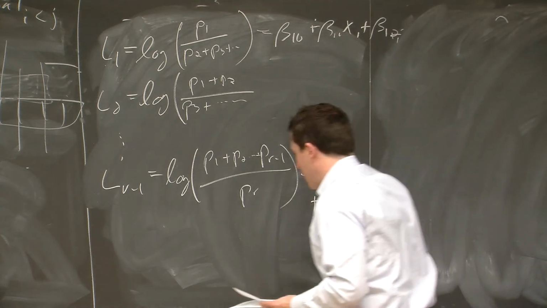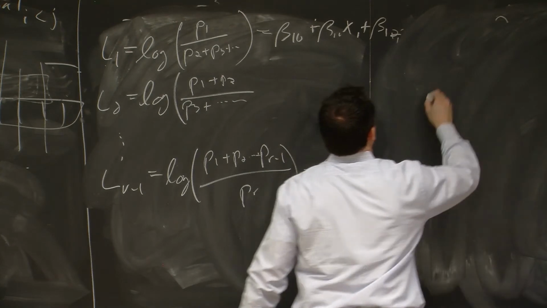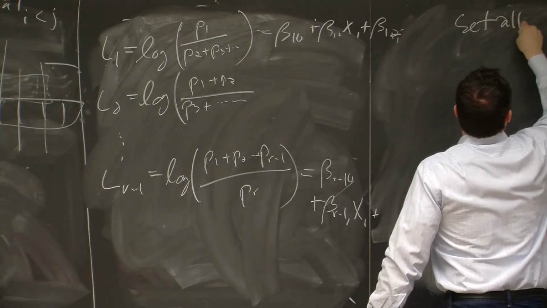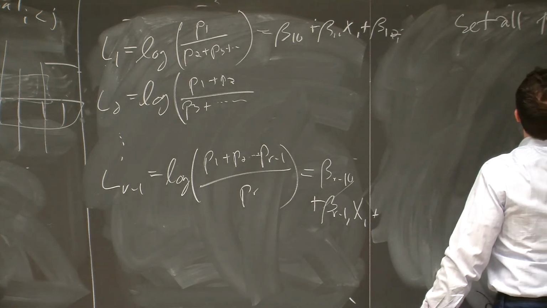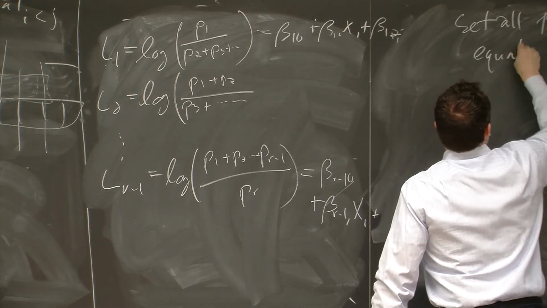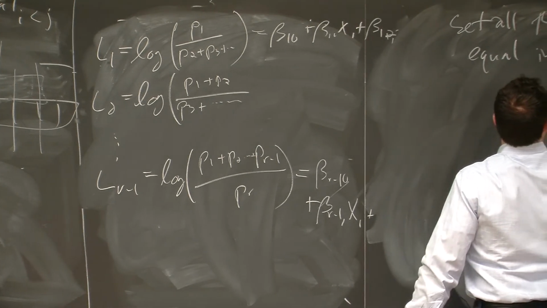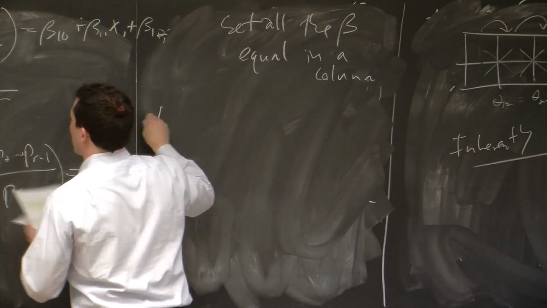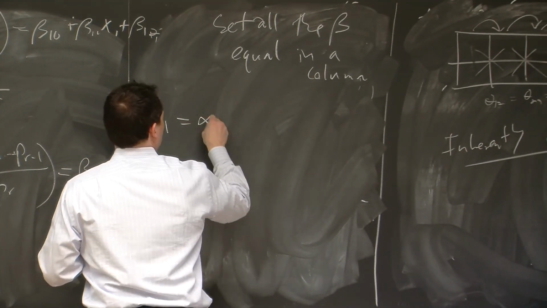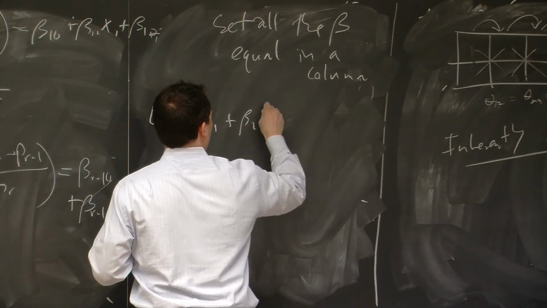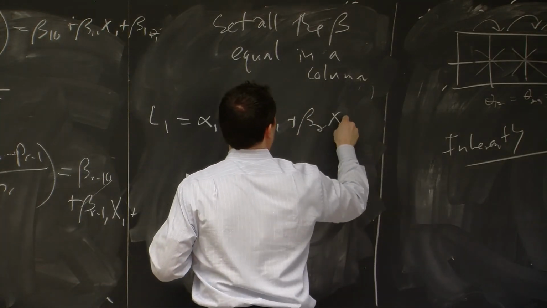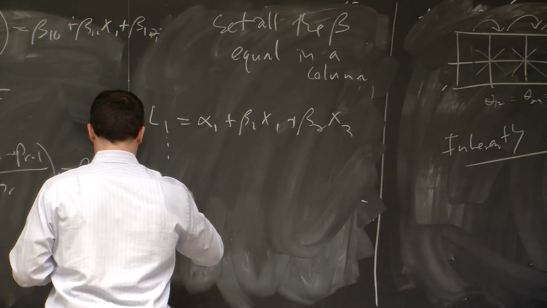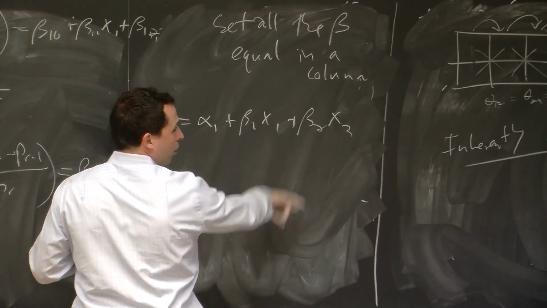And we can again make this restriction to set all the betas equal in a column. That is, say that our model for L1 is some intercept plus beta 1 x1 plus beta 2 x2, and these betas no longer depend on the row.